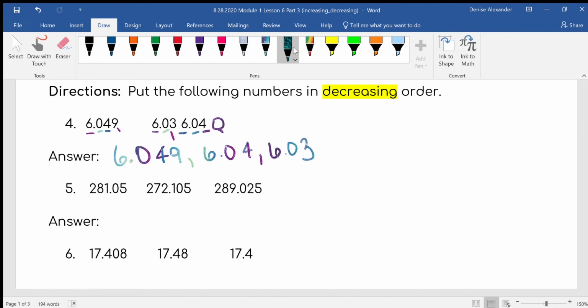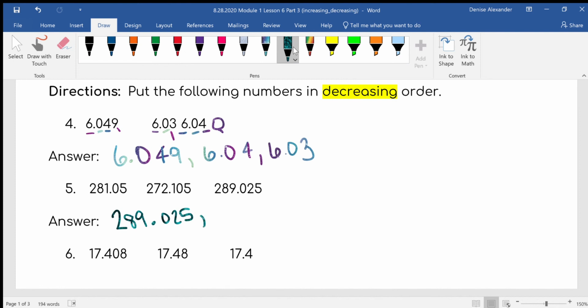281, 272, 289. So I don't even have to go to the decimal sides. I've got to look at the full number. Which one is bigger, 281, 272, or 289, you guys? You're right, 289. So it's 289 and 25 thousandths.